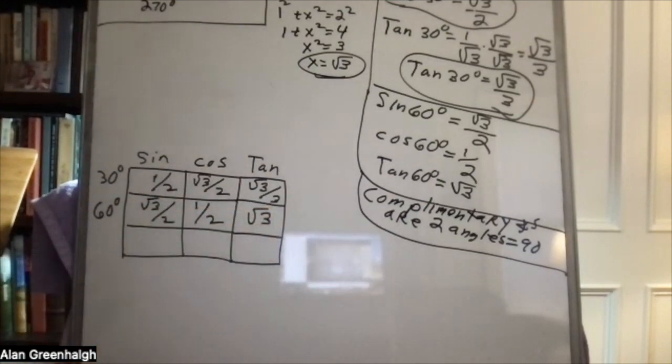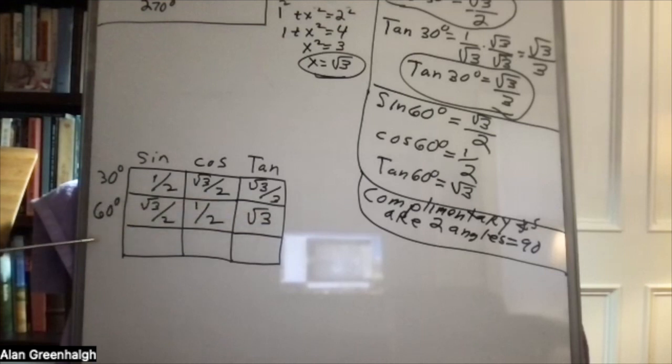So there's only 2 ways of really knowing what the special angles are equal to in terms of the functions. Either you could derive it the way I just did, or you could memorize the chart. Your choice. Either you could derive it using the 30-60-90 triangle, or you could memorize the chart.